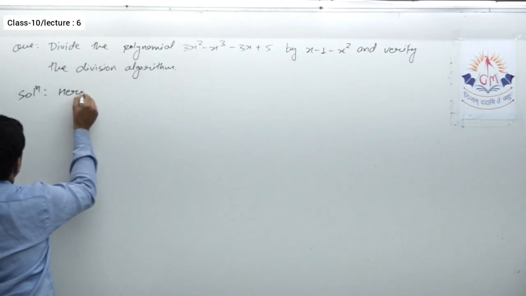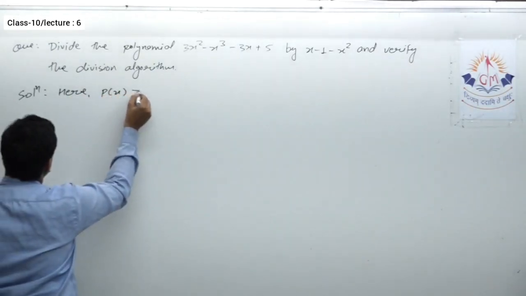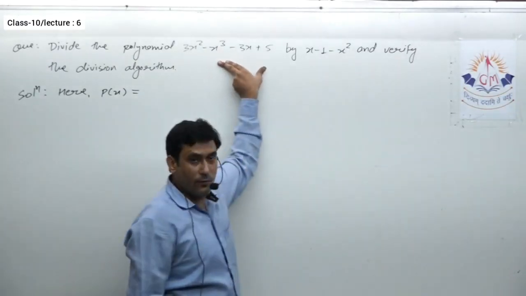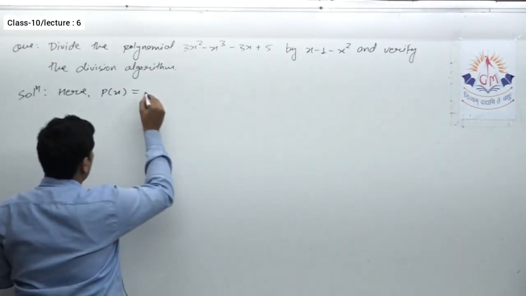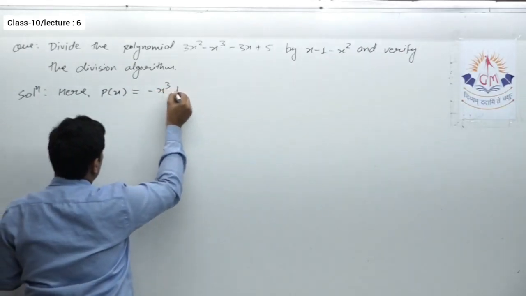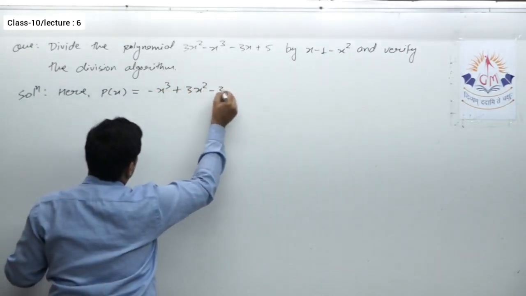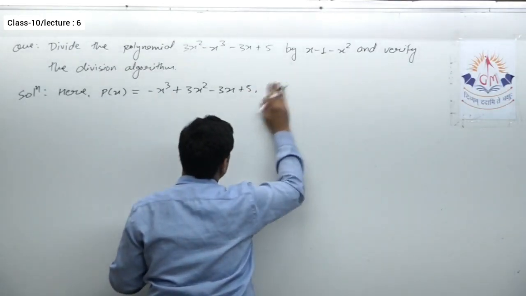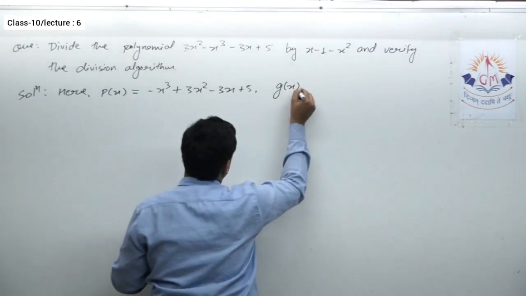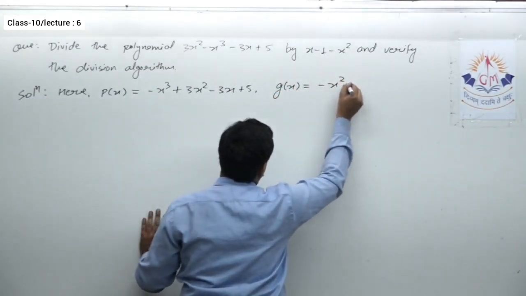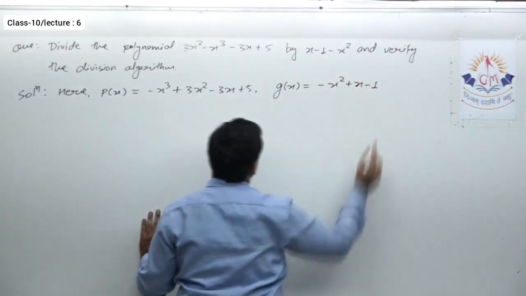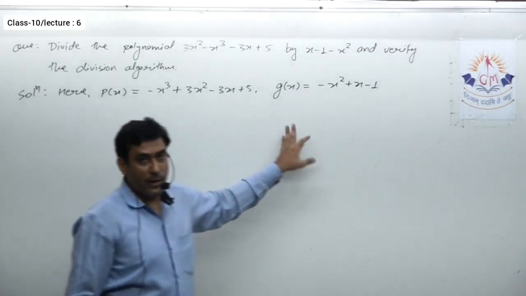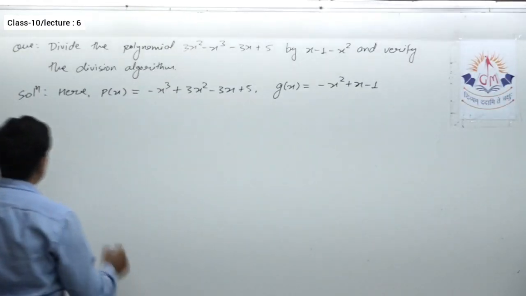Here p(x), the dividend polynomial, is not in the standard form, so I write it in the standard form, that is minus x cube plus 3x square minus 3x plus 5, and the divisor polynomial g(x) is also not in the standard form, so I write it as minus x square plus x minus 1. Here we have to find q(x) and r(x), and then verify the division algorithm.